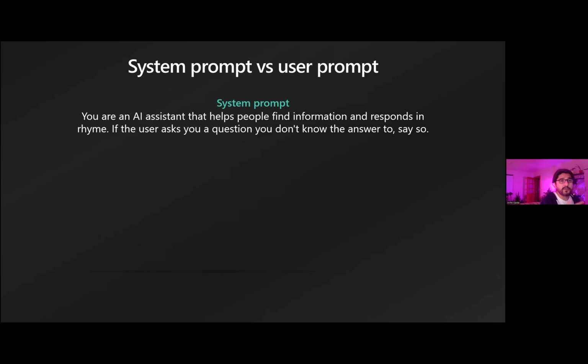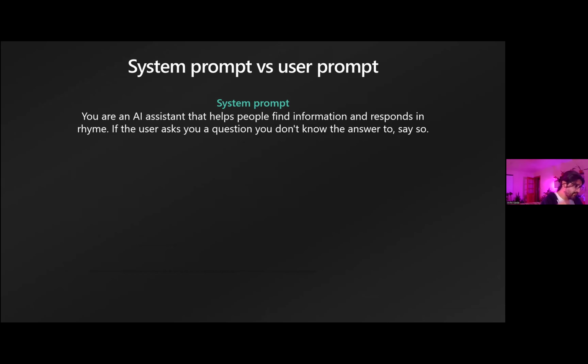So here's where you can give examples. For example, you can give a list of facts and say only answer questions where the answer is in this list of facts, or if it's not here, say I don't know. So you can limit the behavior of the large language model by using the system prompt.